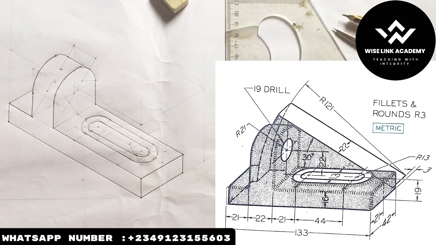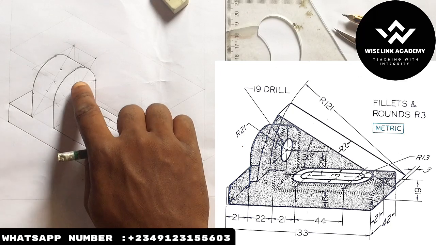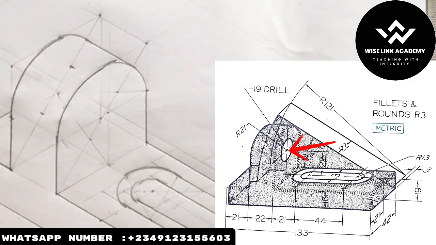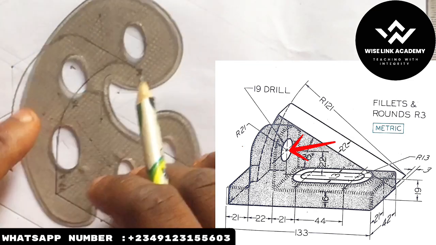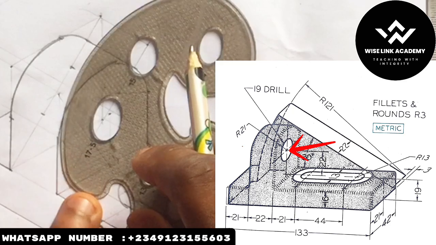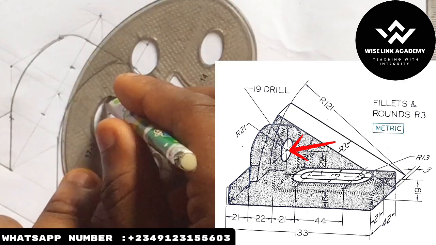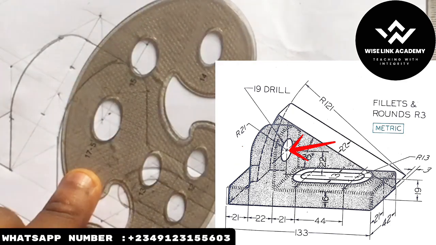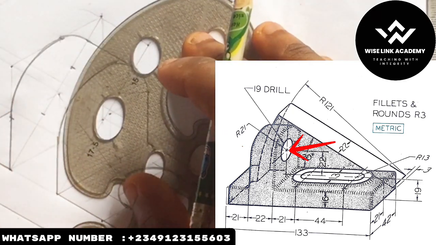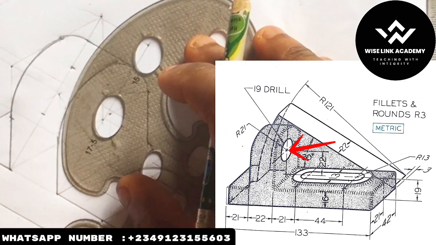What's the next procedure? My next task is that there's a kind of inner circle here, right? I can actually use my French curve to draw the circle. Just get the center. This is the center here. I can just place my French curve here and, to save time, draw the circle. Let me just use my French curve instead of wasting much of our time.